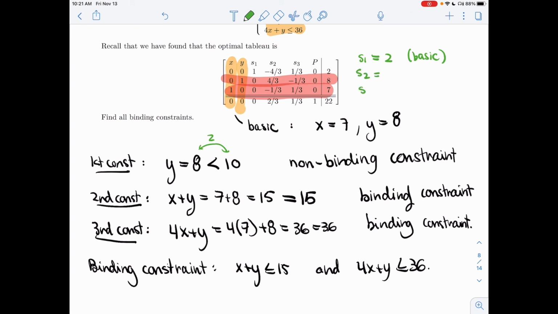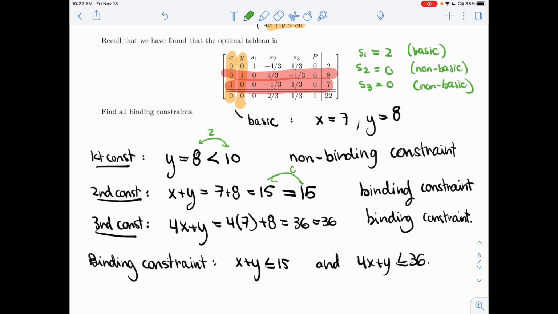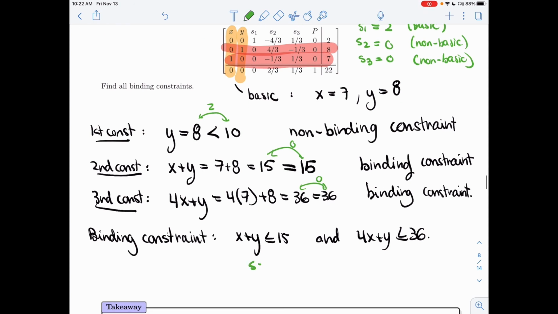Now, S2 and S3 were 0 because they're non-basic, and so we automatically put them to 0. And that's how far you are here and how far you are here. So notice that here, this is really another way of saying that S2 is 0. And here, this is another way of saying that S3 is 0.